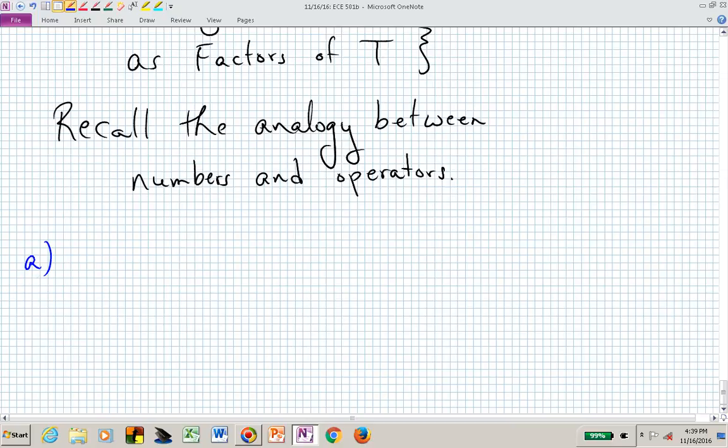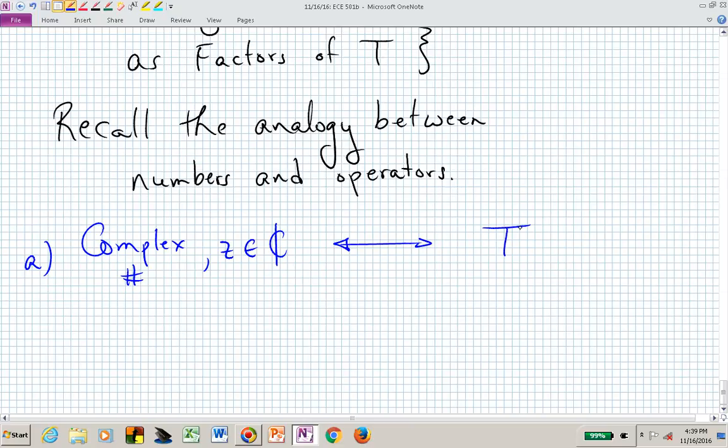For example, the first one, let's just assume we have a generic complex number. Z is a complex number. What did we associate with that, or what was analogous to that in terms of what we've been discussing so far?